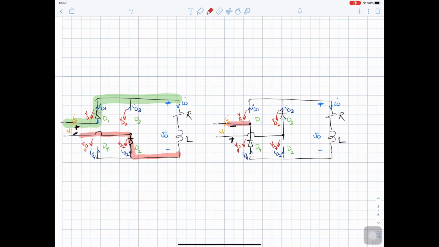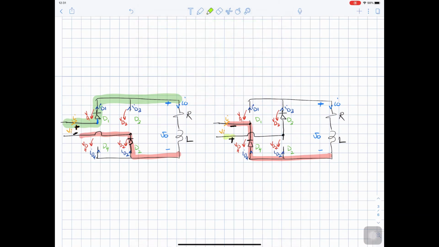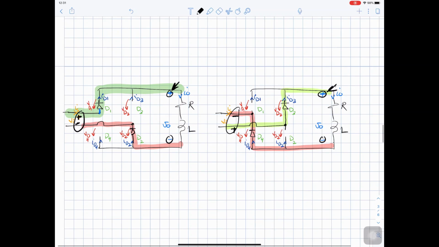The negative here will turn this diode on, the positive here will turn this diode on, and the load will see the same positive and negative, which is where the rectification happens. So although the supply changed polarity, the load polarity is still the same, and this is the basic idea of rectifiers.